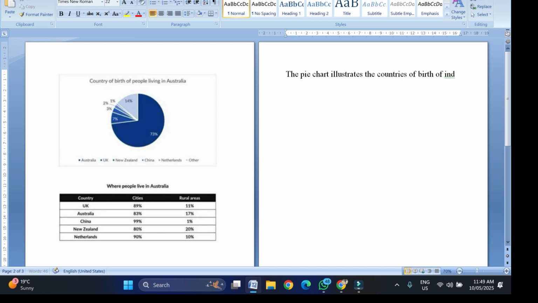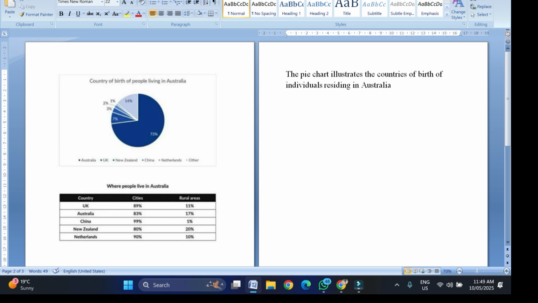Instead of people, you can write individuals, and instead of living, you can write residing in Australia. Very simple. You just have to paraphrase the first line. So you can see the pie graph or pie chart illustrates the countries of birth of individuals residing in Australia.